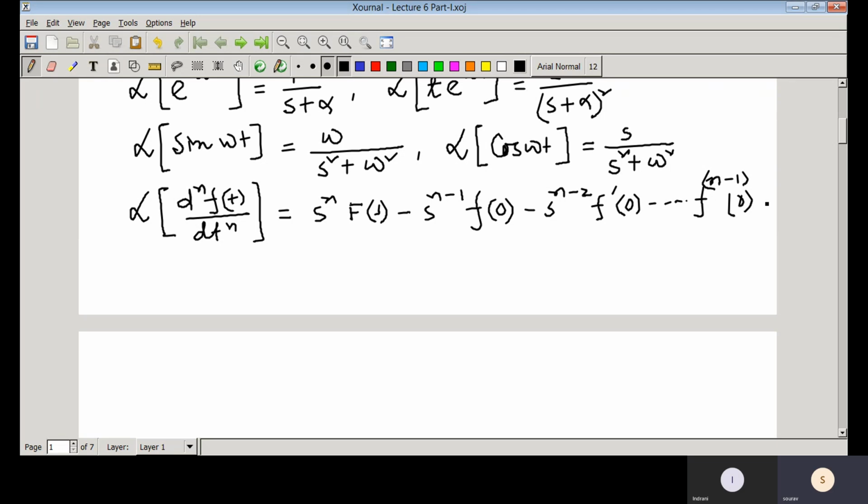So this is the formula, and I hope you all know it. We will be applying these formulas to solve some control problems.